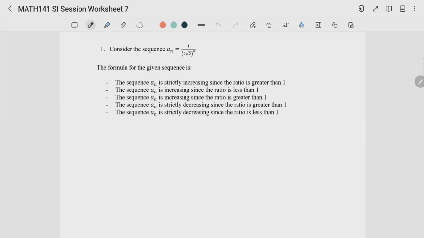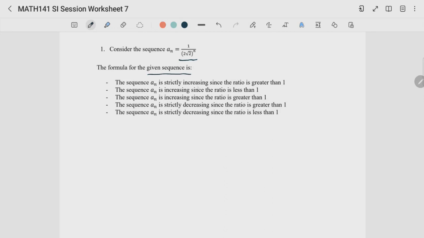In this question, we are given a sequence, a_n equal to 1 over 2 root 2 to the n, and we are asked what the formula for the given sequence is.